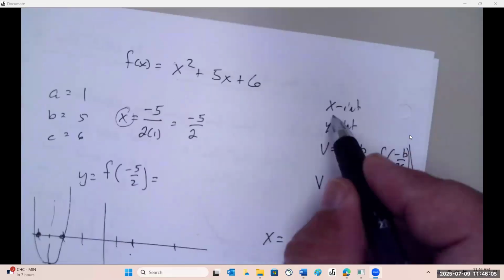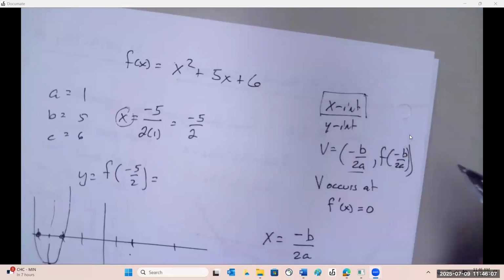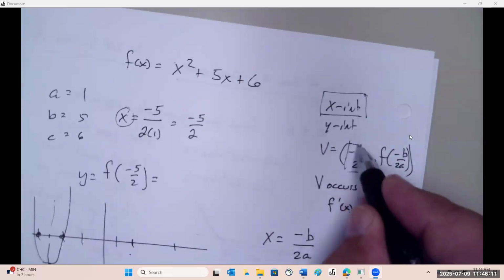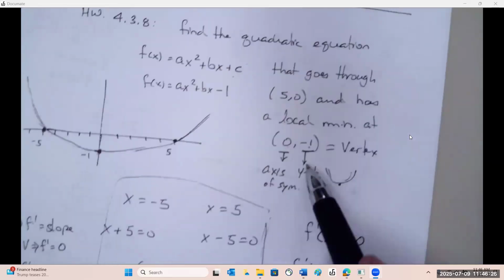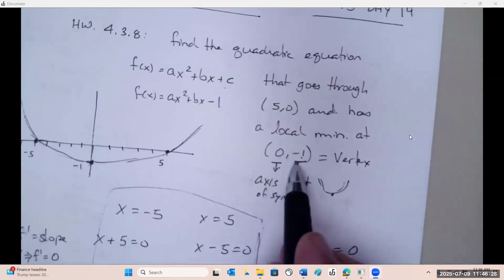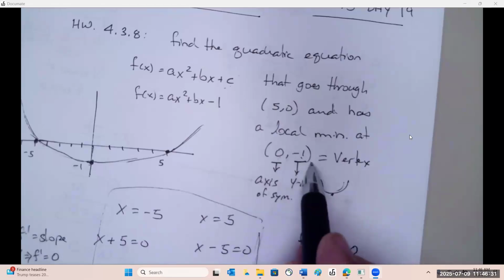In our case here, we have an x-intercept. We have this part. Do we know the y-intercept in our example? Yeah, the y-intercept occurs where x is 0.